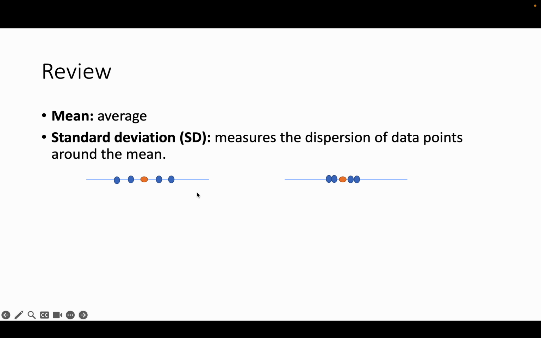In this data set right here, the standard deviation is pretty spread out, while in this example right here, the data points are close to the average. So in this data set, since each data point is spread out, this data set would have a larger standard deviation compared to this one.